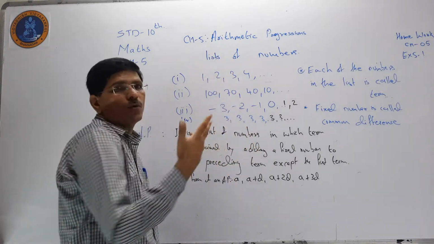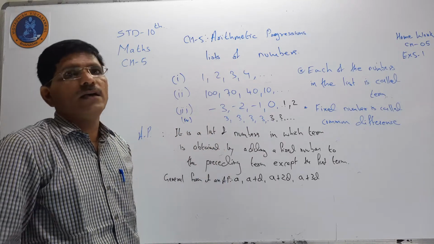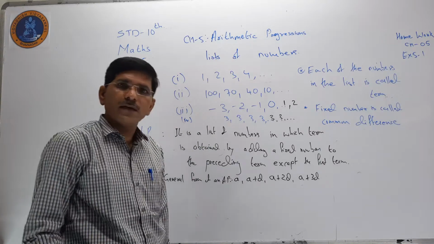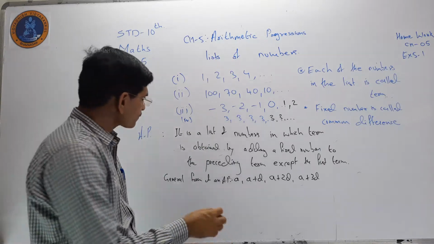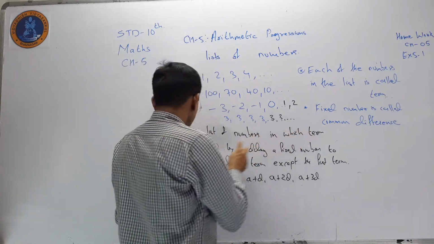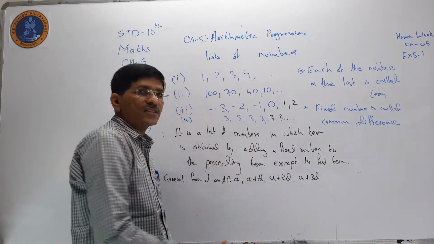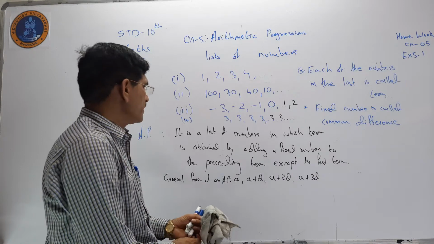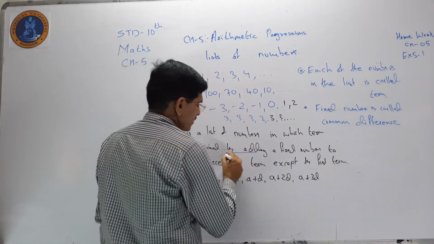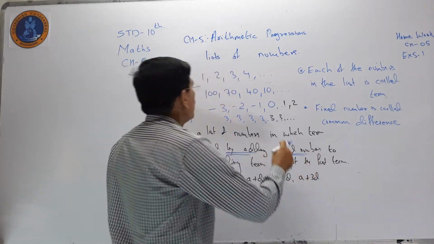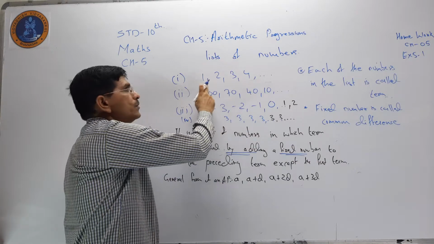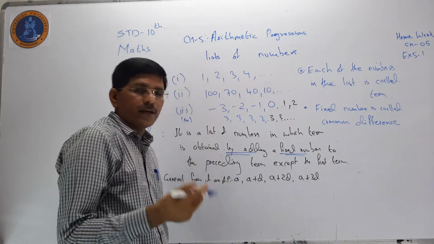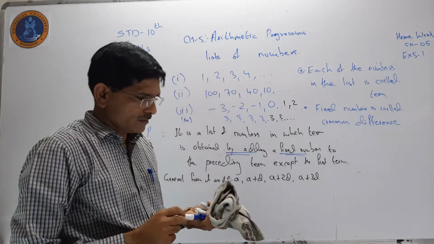All 4 examples are lists of numbers. Each term is obtained by adding a fixed number. 1 plus 1 is 2, 2 plus 1 is 3, 3 plus 1 is 4, 4 plus 1 is 5. So the fixed number is plus 1.